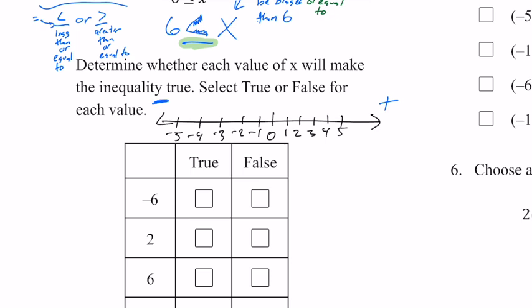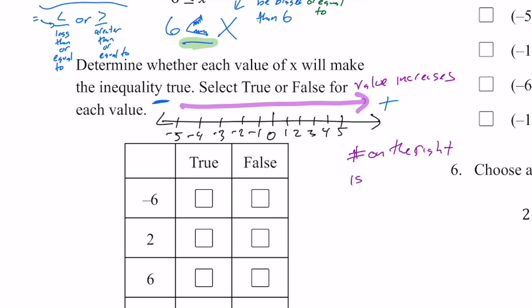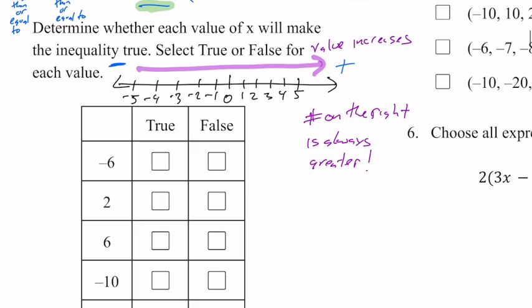What you're going to notice, or you should hopefully understand by now, is as I go to the right, what happens to my values? The value increases. In other words, the number on the right is always greater. Just keep that in mind.